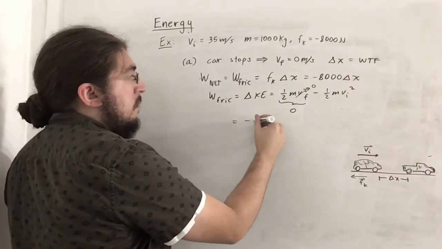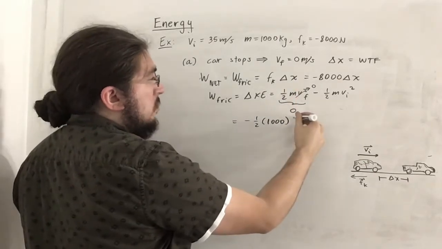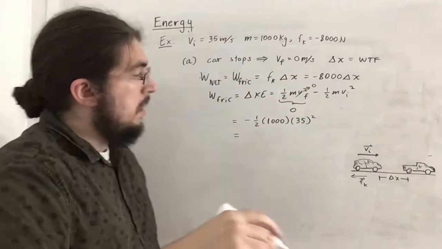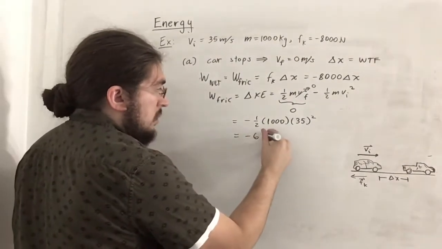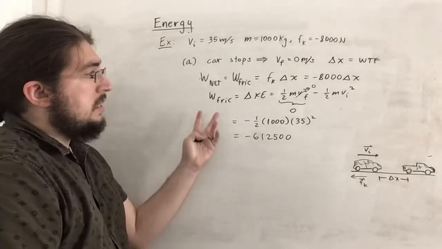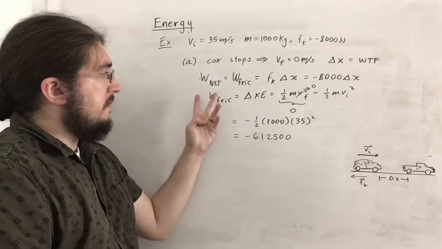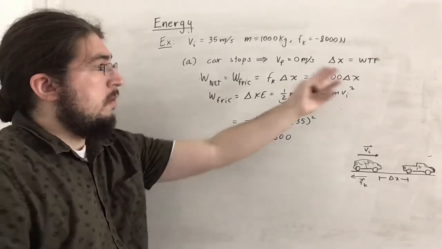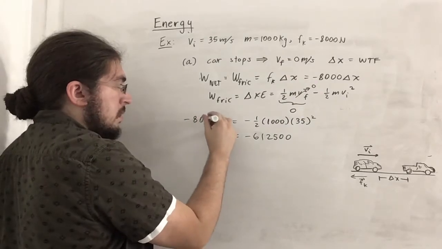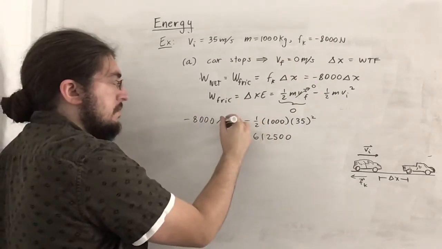So we get negative 1/2 times our mass, which is 1,000, times our velocity squared, so it's 35 squared. And you can use your calculator here. I actually got negative 612,500. Now this is equal to, on the extreme left side, the friction work, which we found on top here is negative 8,000 newtons times delta x.